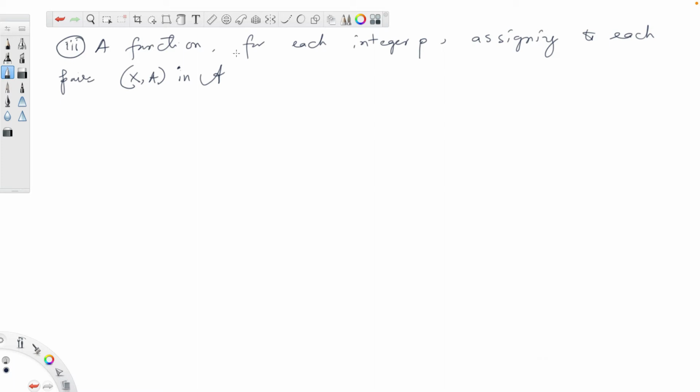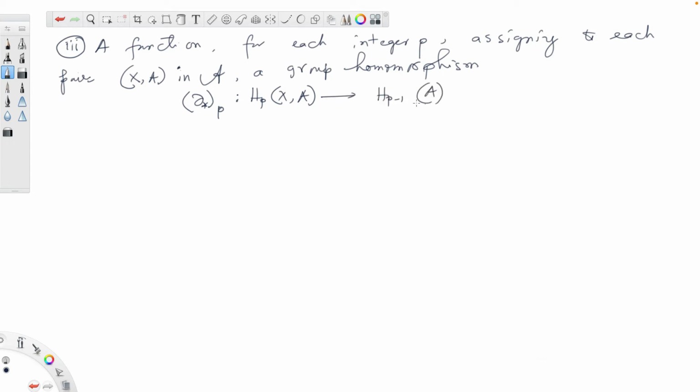So to each pair x comma a we have this HP of x comma a in the category of abelian groups, and there is a group homomorphism del star at P between HP of x comma a and HP minus 1 of a.